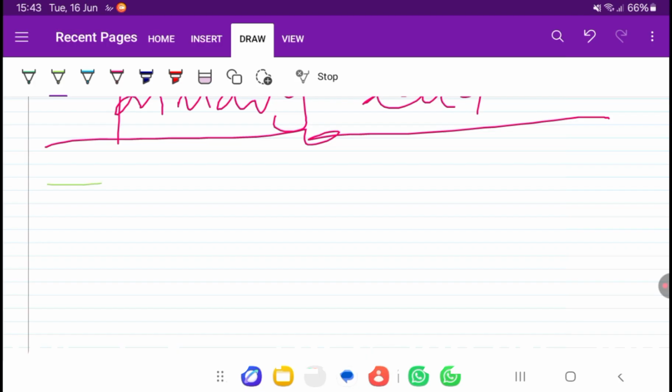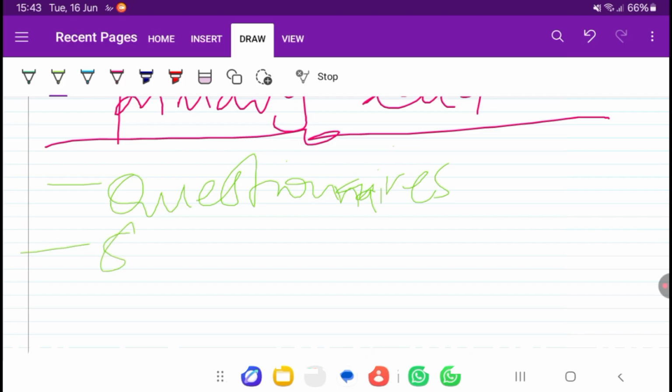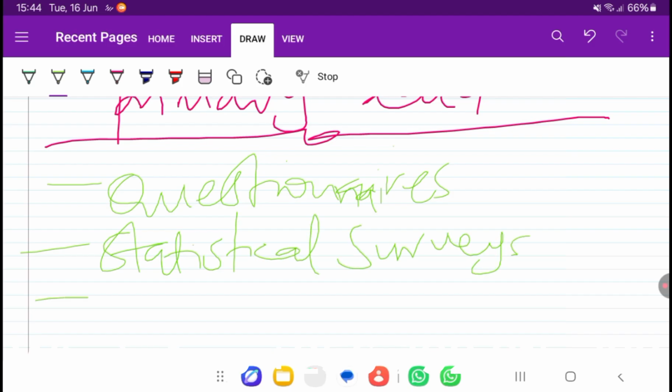One of the methods of collecting primary data, we have questionnaire or what we call questionnaires. We have what we call statistical surveys. The third one, we have direct personal observations, whereby you observe the information by yourself.